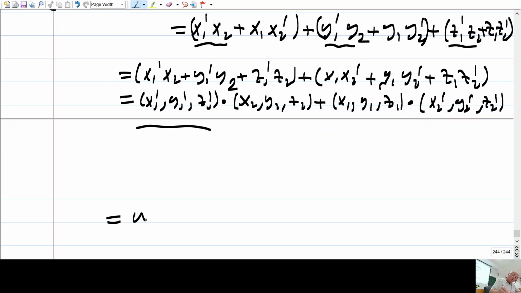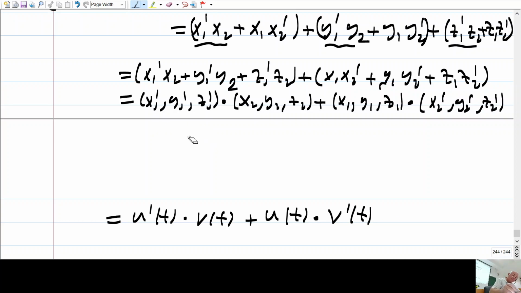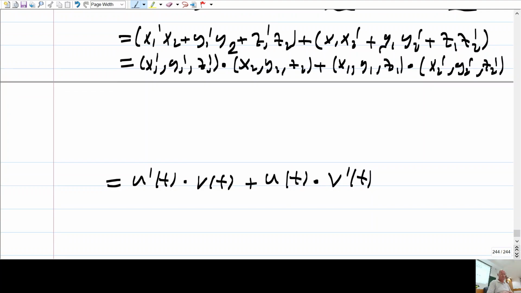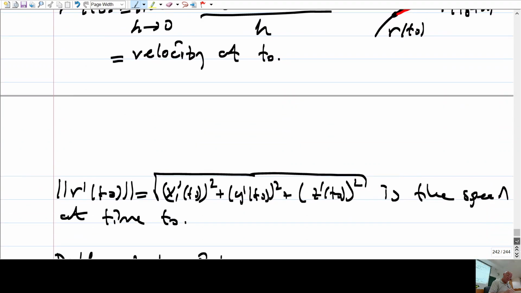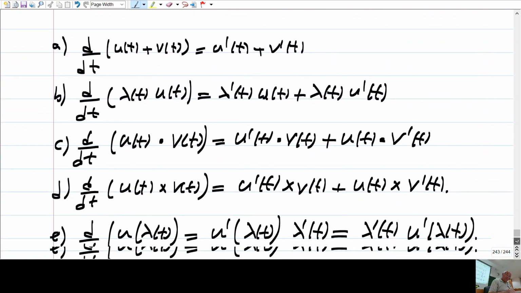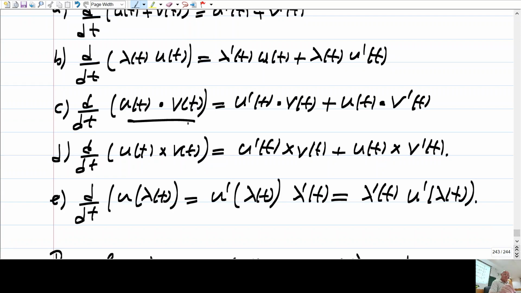So this is u prime(t) dot v(t), and then this is u(t) times dot product with (x2 prime, y2 prime, z2 prime). Well, this is just v prime(t). Okay, so that's the result we wanted to prove, right? We wanted to prove that the derivative of the dot product is this.